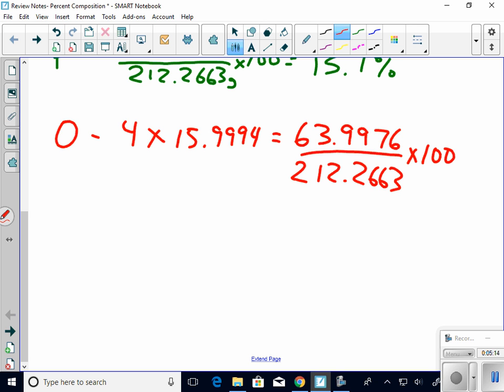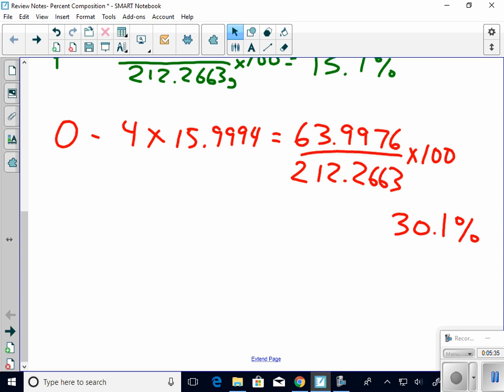So when I do this, I take the 63.9976, I divide that by the 212.2663, multiply by 100. That gives me 30.1% to 3 sig figs.